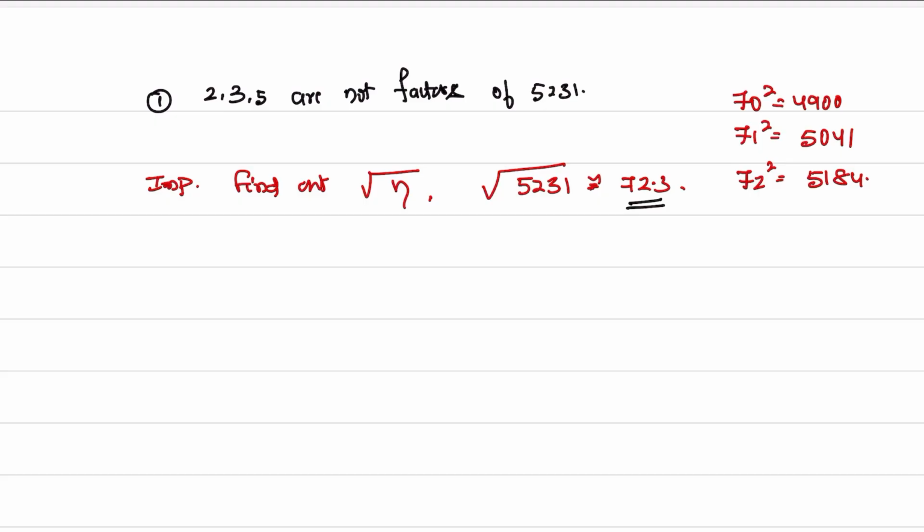That means we have to take prime numbers below the square root of n. What is the step?